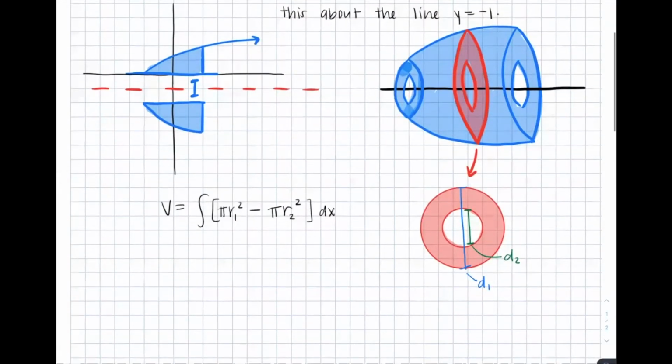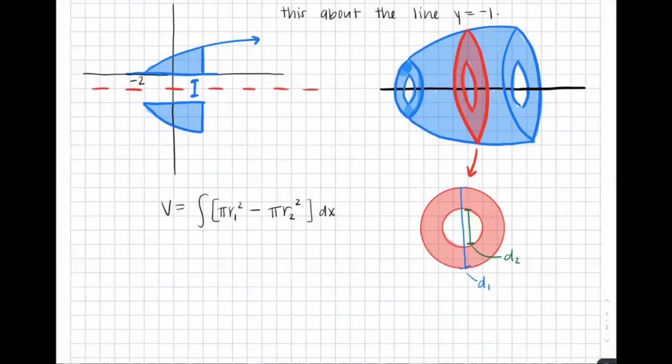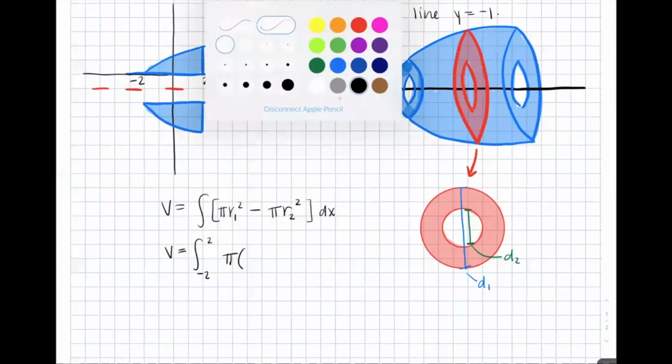But so yeah, here, this is the same one that we had worked with last week, right? So this is -2 up to +2. So here our volume is gonna be from -2 to +2. And then for my first circle, for the bigger circle, let's look at it over here on the graph.